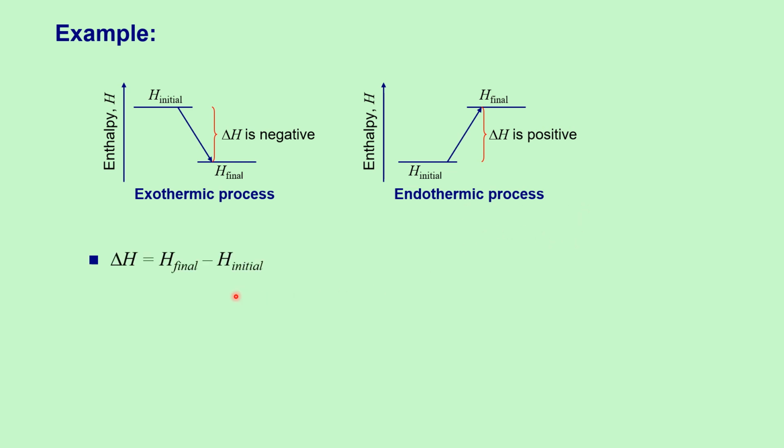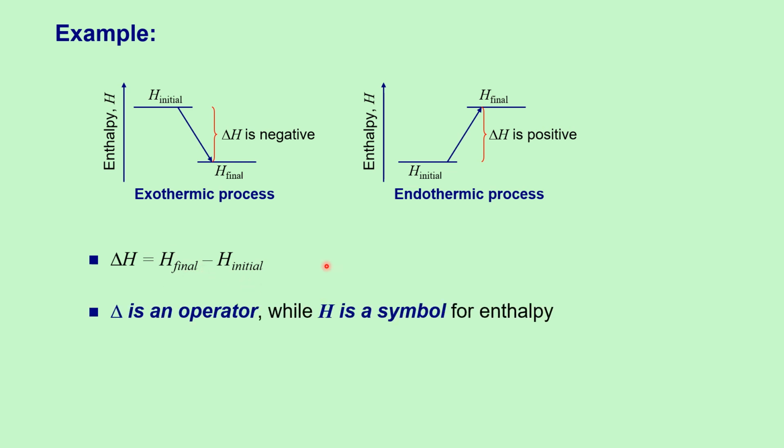Okay, so this is the formula to calculate delta H. Delta here is an operator, while H is the symbol for enthalpy. If you have the theta that I showed you before, it shows that the enthalpy is taken at the standard condition.